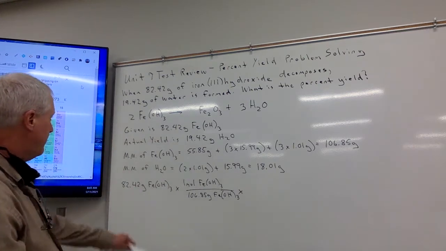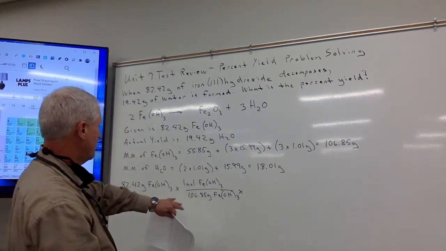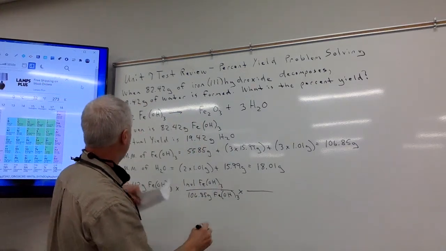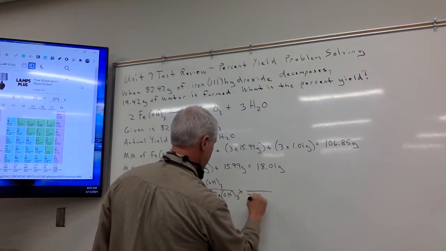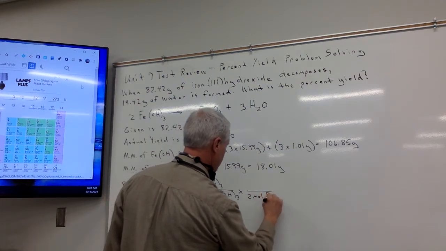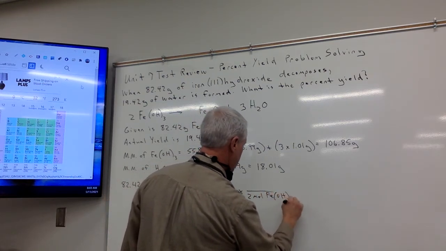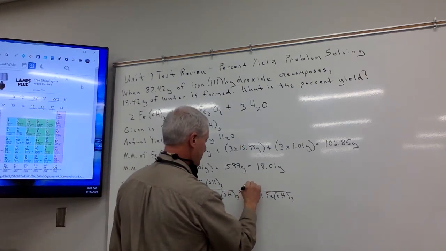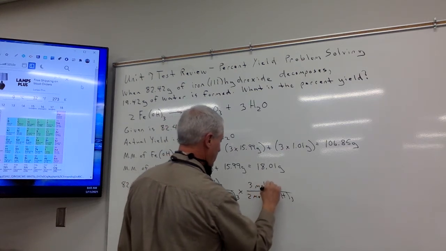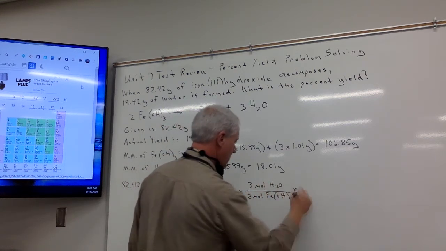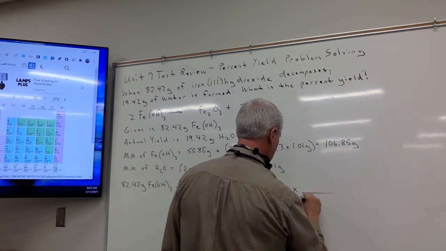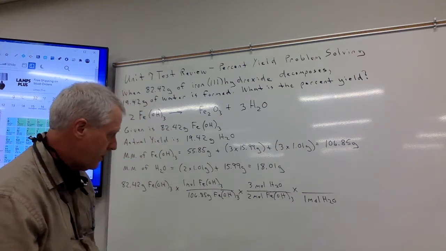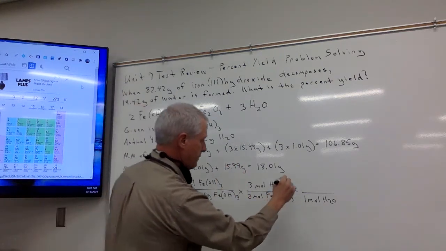And the mole ratio here from the balanced equation is 2 moles of iron hydroxide for every 3 moles of water. And then in 1 mole of water, there is 18.01 grams.